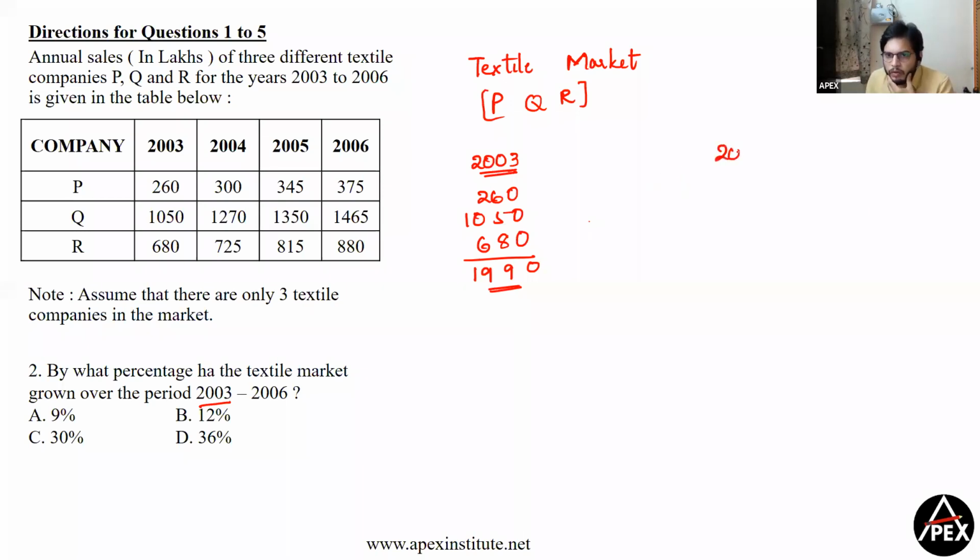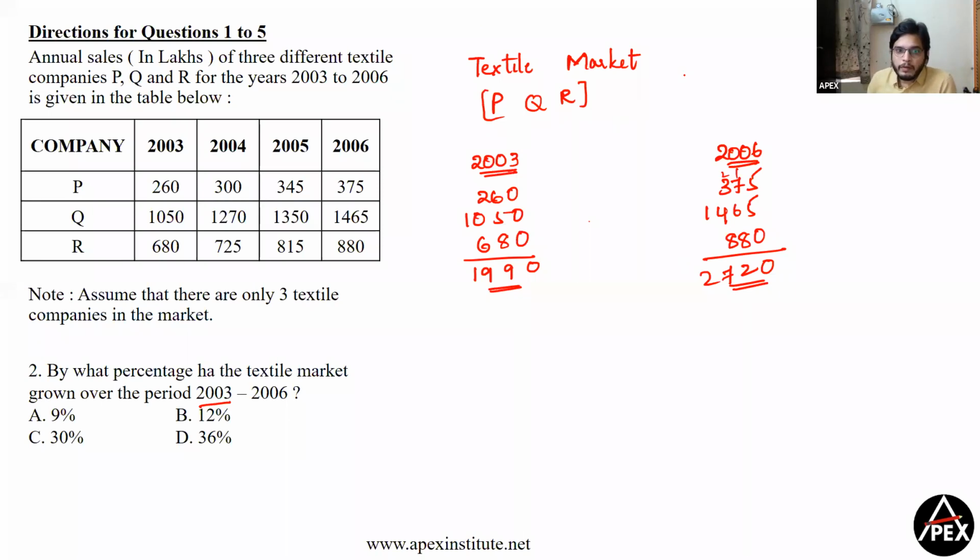Now in 2006, what was the total value of total sales of this textile market? 375 plus 1465 plus 880. So this will be 2720, isn't it? Can you please help me in calculations? Are these correct? Yes? Yeah.